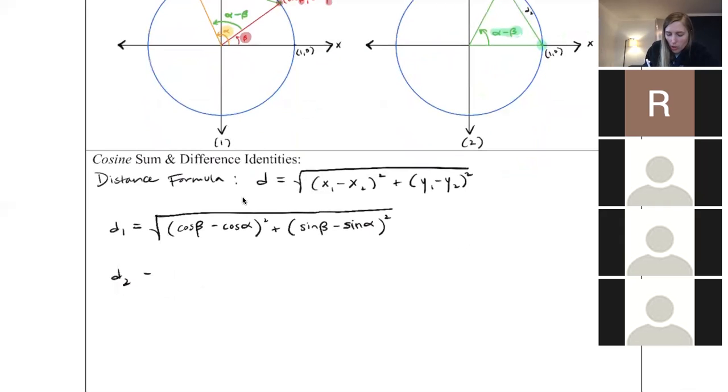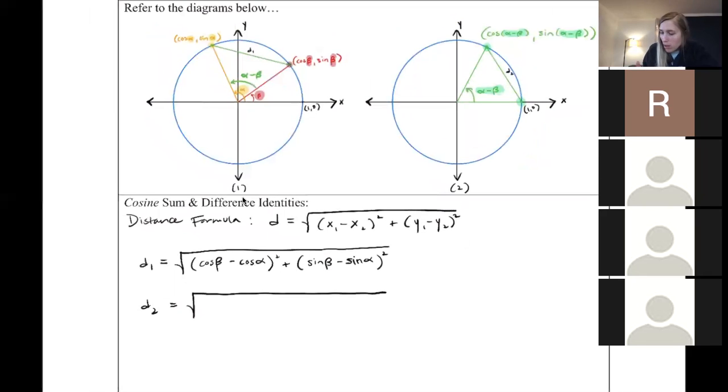D sub 2 would be equal to 1 minus cosine of alpha minus beta squared plus 0 minus sine of alpha minus beta squared.